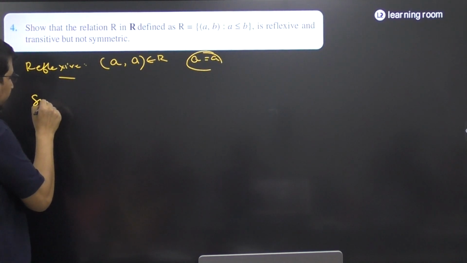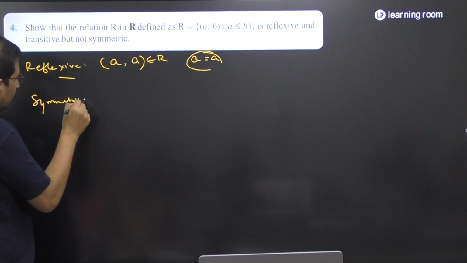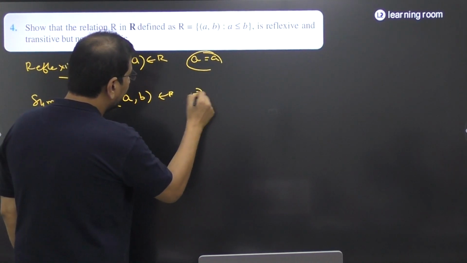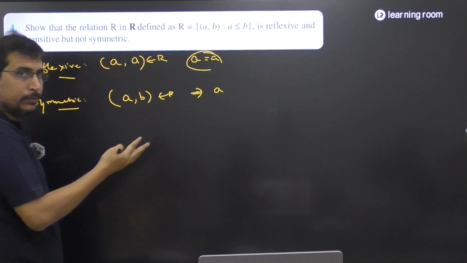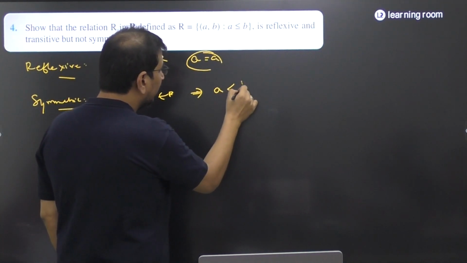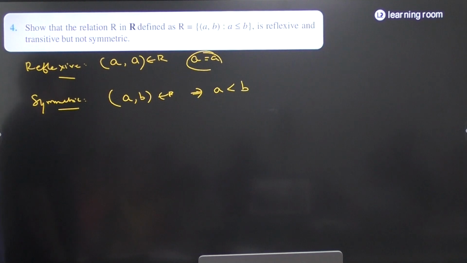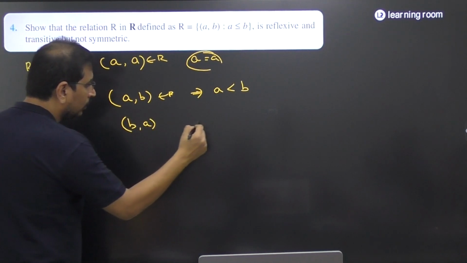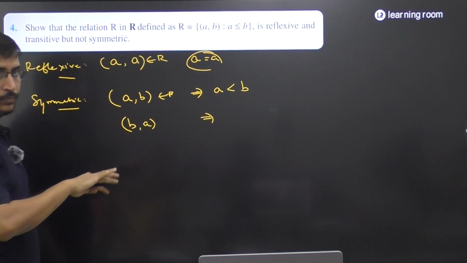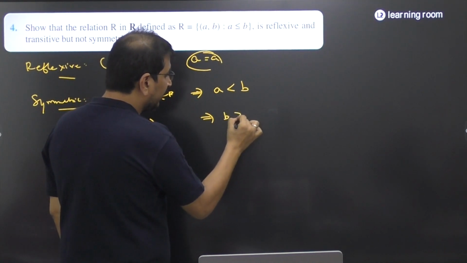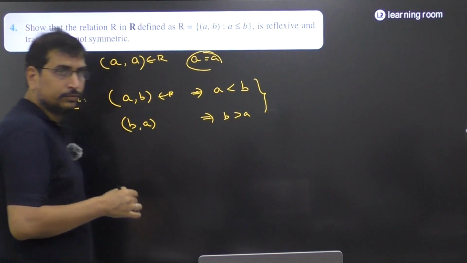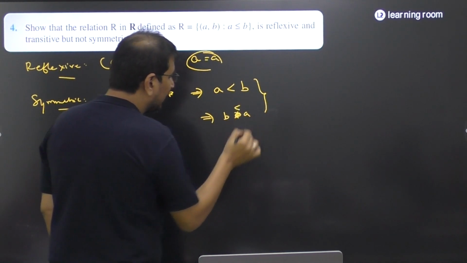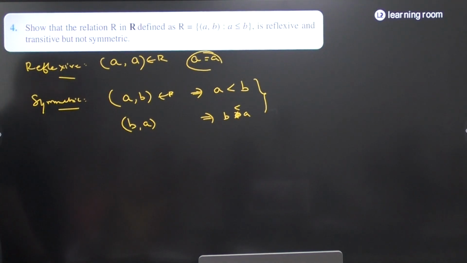What about symmetry? Not possible, right? So (a, b) belongs to R, which implies, if I take them to be different numbers, a is less than b. I'll remove the equality symbol. So (b, a), what should it imply? It is b is greater than a. Oh, sorry, b is lesser than a. It's contradicting itself, right?